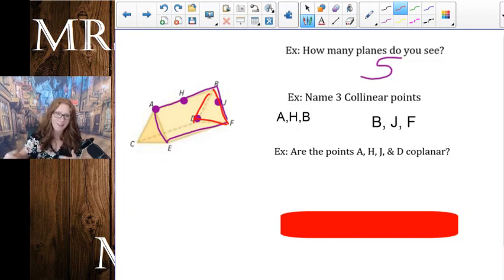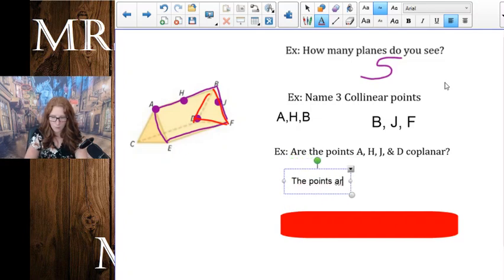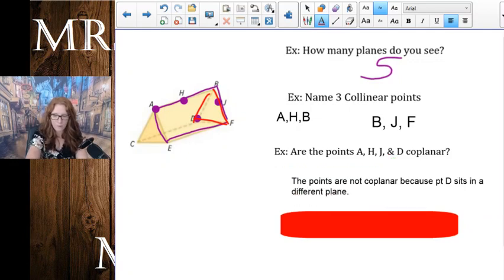So because he's not in that purple plane, these points are not coplanar. Because point D sits in that triangle plane versus the rectangular plane, those points are not coplanar.